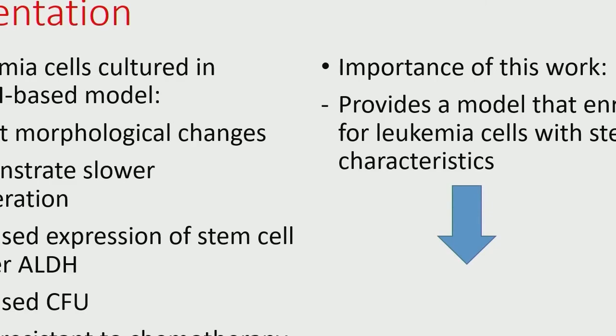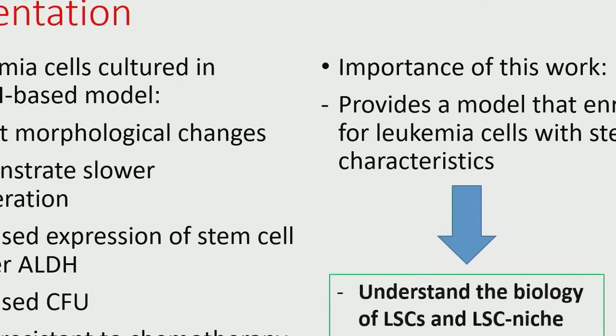Now, why this could be important: understanding how leukemia stem cells function and interact with their niche can eventually help us in designing drugs that we can use to target these leukemia stem cells.